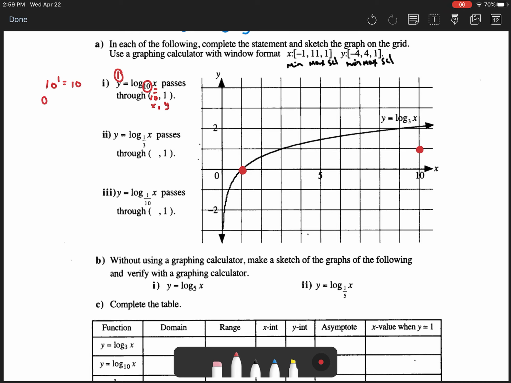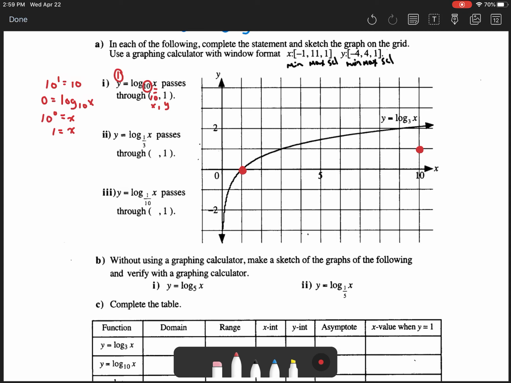That is the point it's going to go through, and we have also determined that it's going to have an x-intercept at 1. If you're confused about that, remember how we find an x-intercept: you let y equal 0. So you go into your equation, let y equal 0, log base 10 of x. I want the x-coordinate, so convert into exponential form. That's how you would calculate what the x-intercept is.